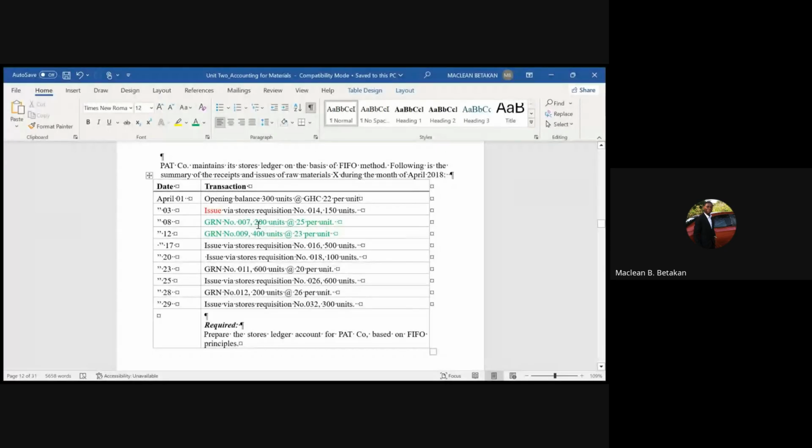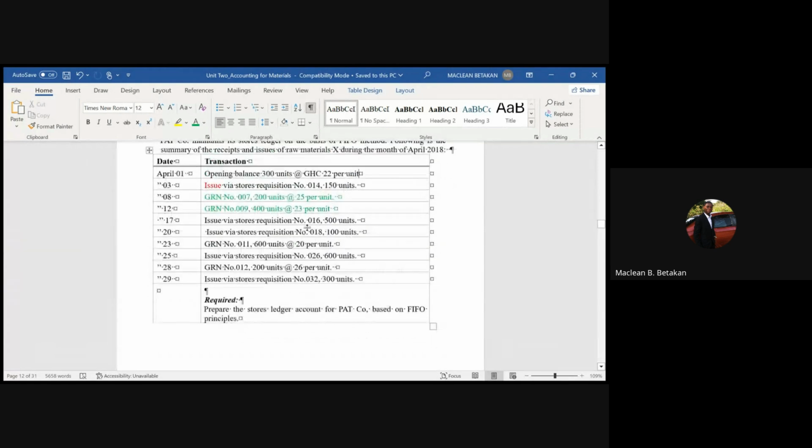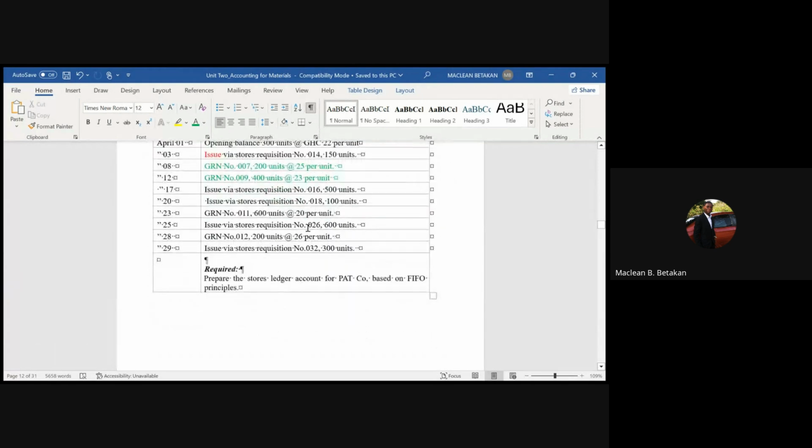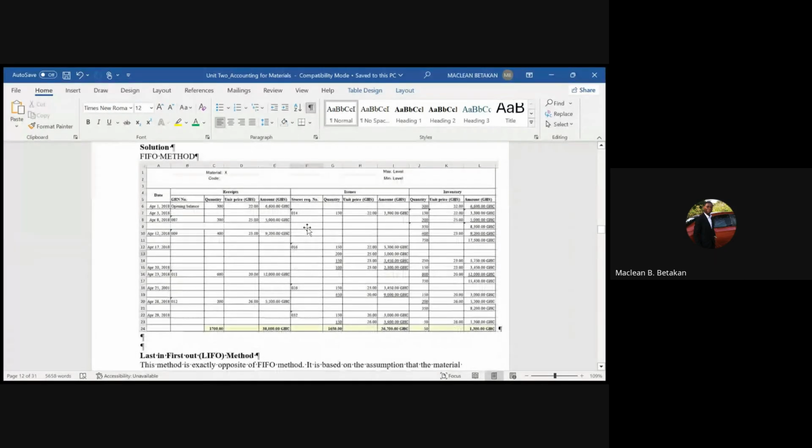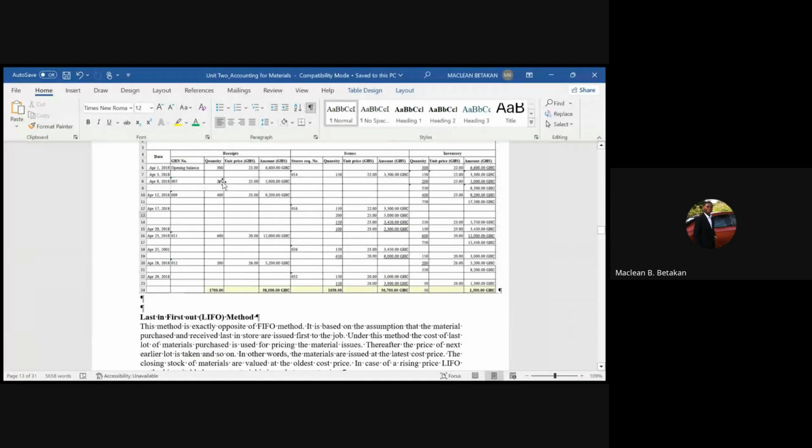So we are receiving 200 units at 25 cedis. Remember, we have 150 units and we are going to receive 200 units because we need to buy something before we go and issue. So we receive 200 under the receipt column. Multiply by 25, we get 5,000. We are carrying the same thing to the balance. Then we have 200, 25, 5,000.